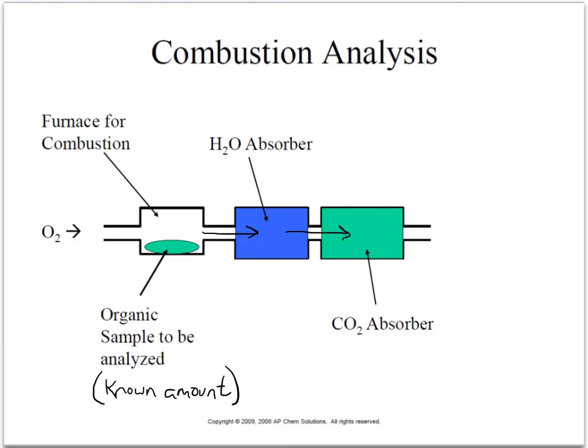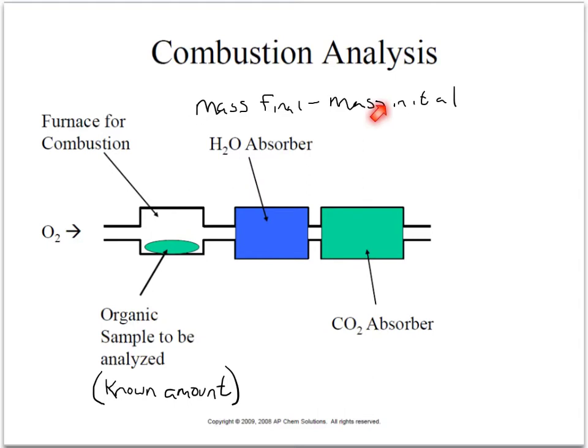Before this reaction begins, before we have started, we would get the mass of our H2O absorber, and we would get the mass of our CO2 absorber. So we would know initially how much they weigh. Then after we burn the sample, the mass of this one would increase, and the mass of that one would increase. So we would know how much it weighed to begin with.